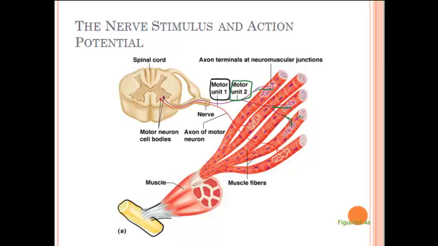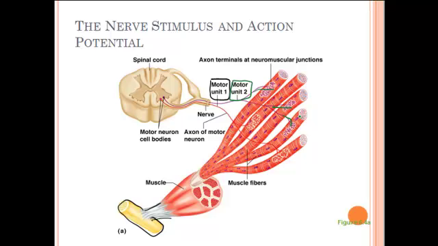So motor units can stimulate many muscle fibers or just a few, depending on their job. For example, your fingers are all moving separately. You have a lot of control with how your fingers are moving. And so there's going to be more motor units going to your fingers to have all this very minute control, as opposed to a larger muscle that simply acts all in one consort.